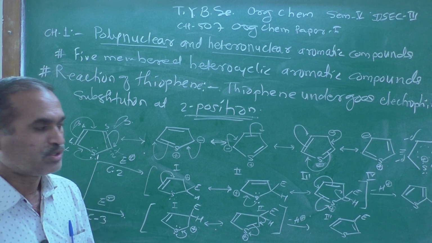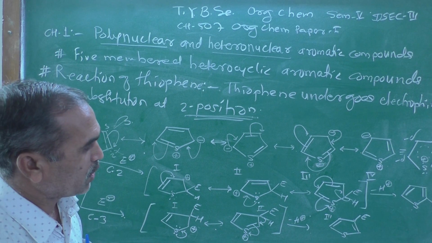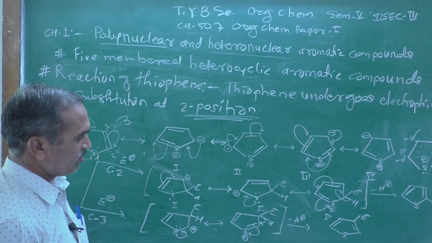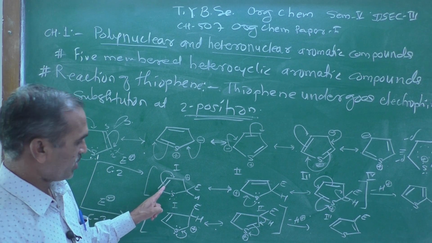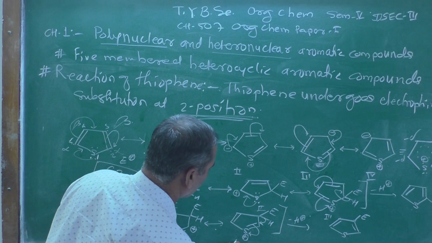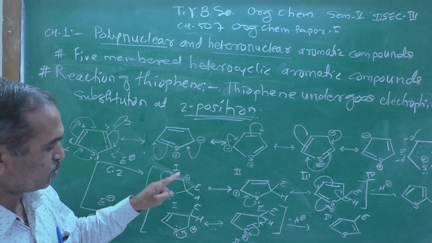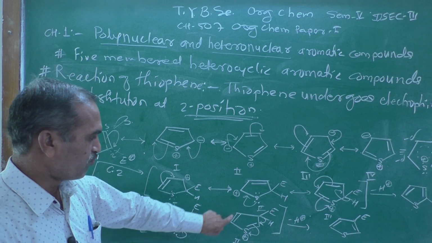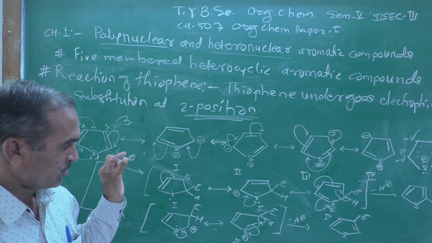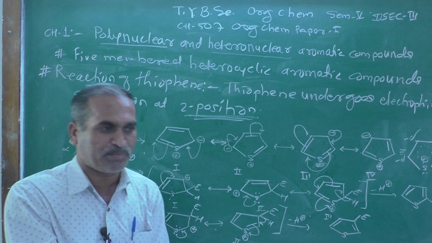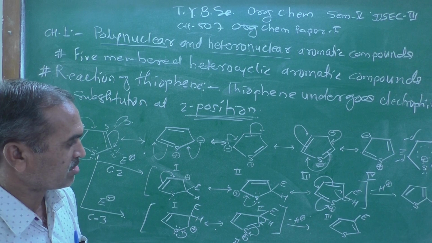Look at these two structures very closely, very carefully. What do you find? You will find in the first case there are three resonating structures, but in the second case two resonating structures, and one carbon-carbon double bond does not participate in the resonating structure.